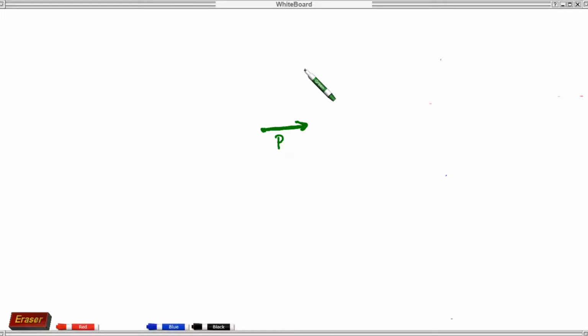And here again some vector whose magnitude is 2p. Here again some vector. These all are perpendicular, whose magnitude is 3p.